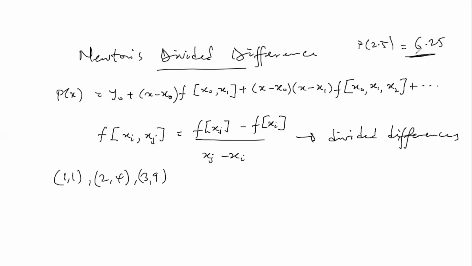So we're going to test this to be sure we are getting the same approximate value. Now, we already have this as our expression, so what we need to do is construct the divided difference table using this expression.